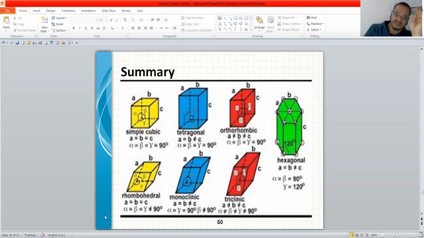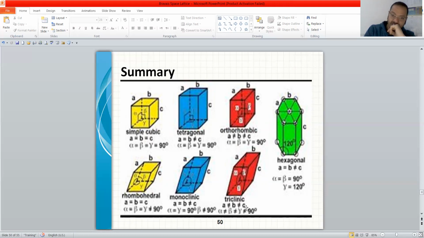But after rhomboidal, alpha, beta, gamma don't equal each other. At monoclinic, A, B don't equal C, and beta doesn't equal 90 degrees. Triclinic: A, B, C, all three vectors don't equal each other, and all the angles are different.